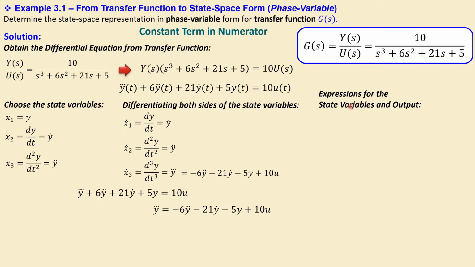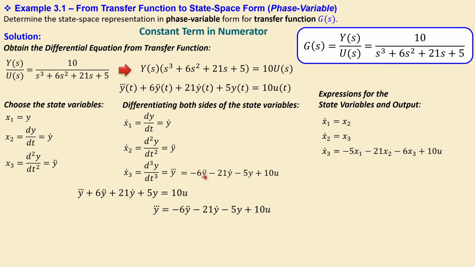Okay, now expressions for the state variables and the output. This is x1, so x1 dot is equal to x2. So x1 is y, x1 dot is y dot, and y dot is x2. In simple form, x2 dot is x3, because x2 dot is y double dot, which is here. In a similar form, we know that x3 dot is this, so that goes here.